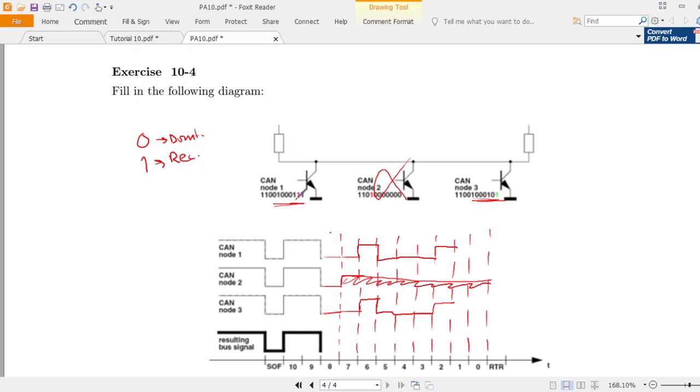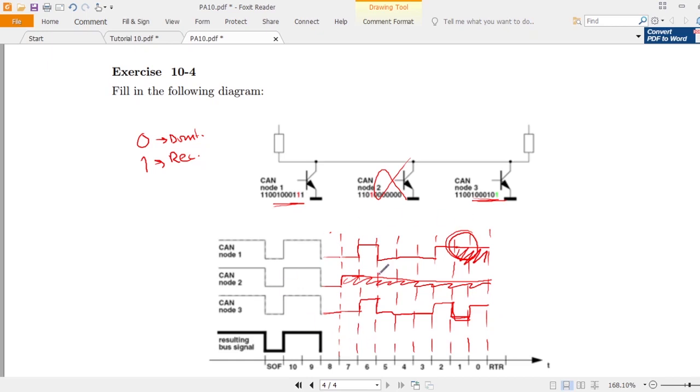Node 1 continues to be 1, but node 3 goes to be 0. So at bit 1, node 1 lost the arbitration, and node 3 is the one that will be transmitted.